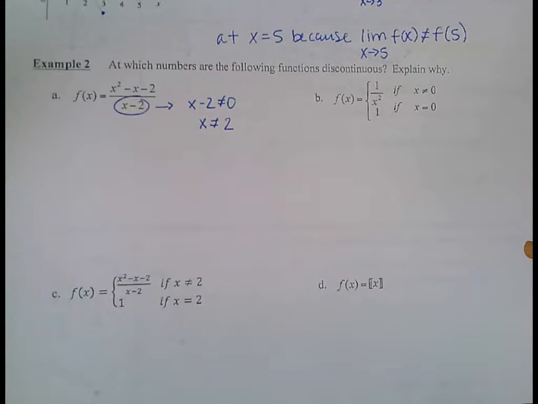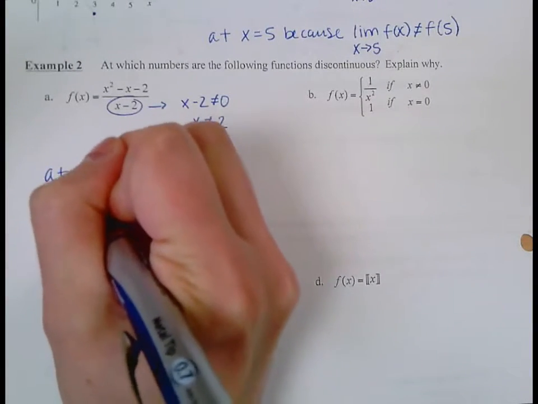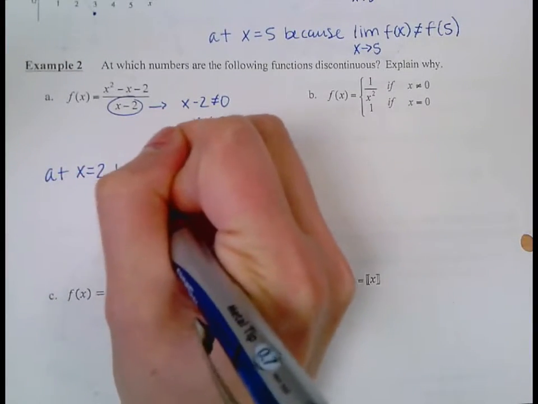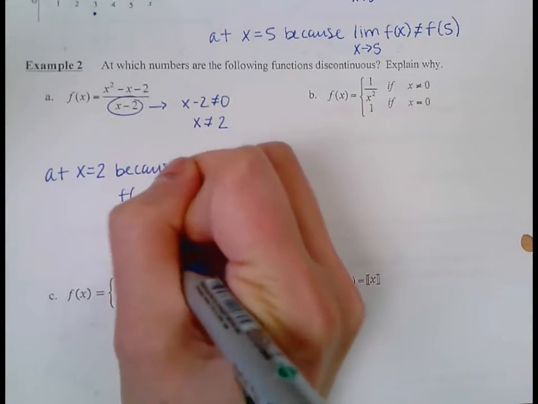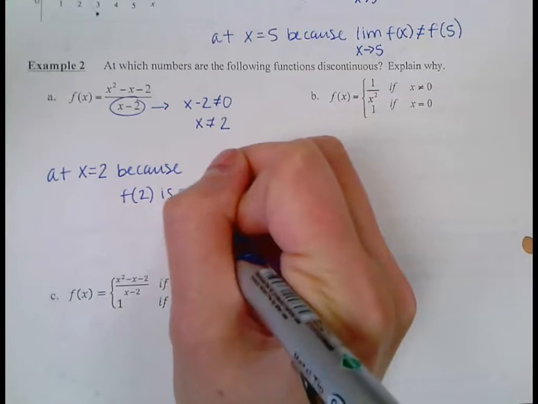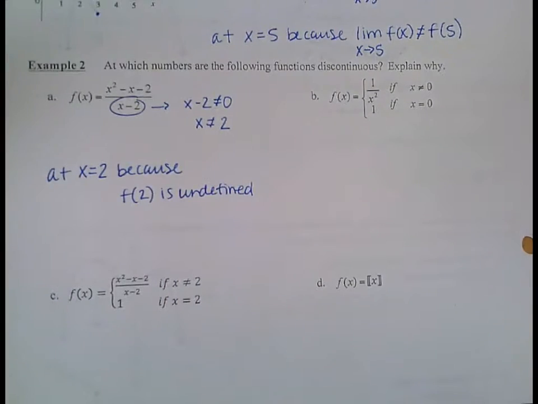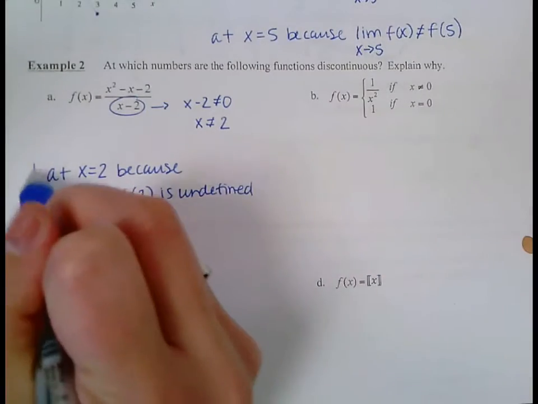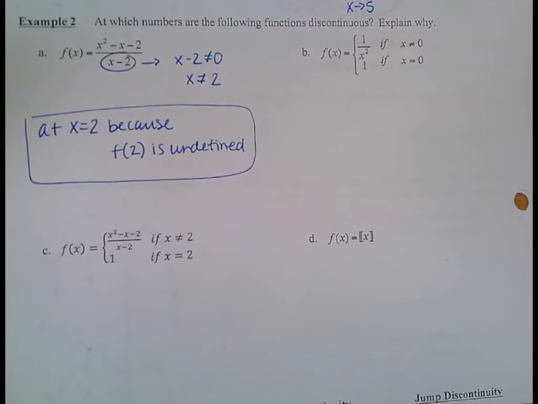So if x is equal to 2, the function is undefined because I'm going to have 0 in the denominator. So I can say this is discontinuous at x equals 2 because f of 2 is undefined.